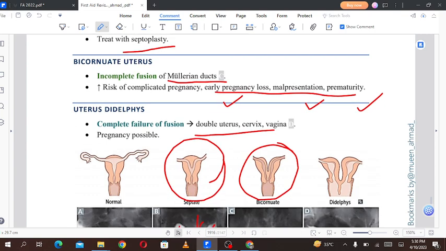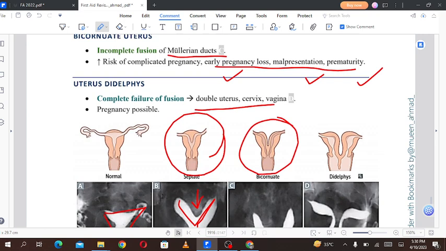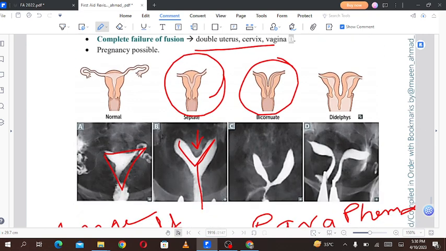They include the septate uterus, the bicornuate uterus, and the uterine didelphys. Normally it must be a triangular shaped uterus, but in the septate uterus we have a Y-shaped uterus, an X-shaped uterus in the case of bicornuate, and completely separate uteruses with two cervices, even two separate vaginas can be seen in these cases.